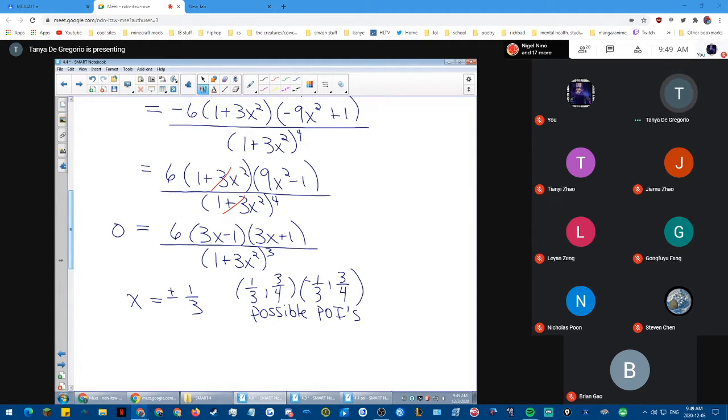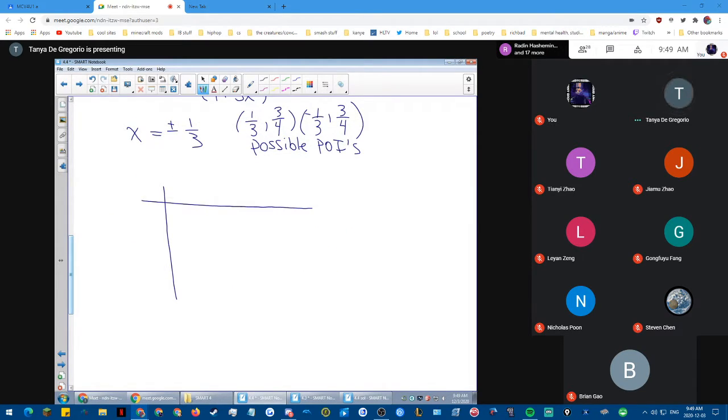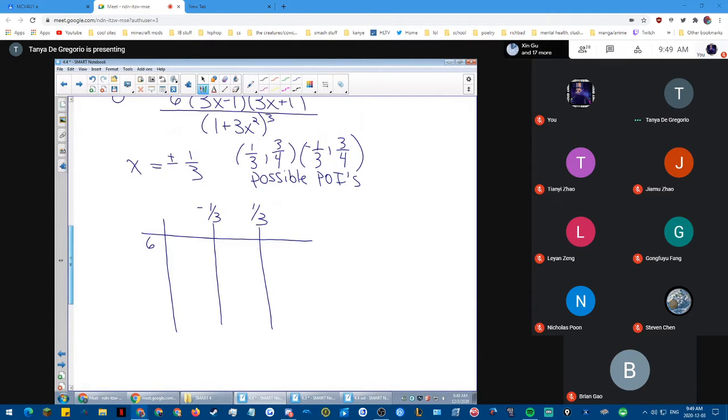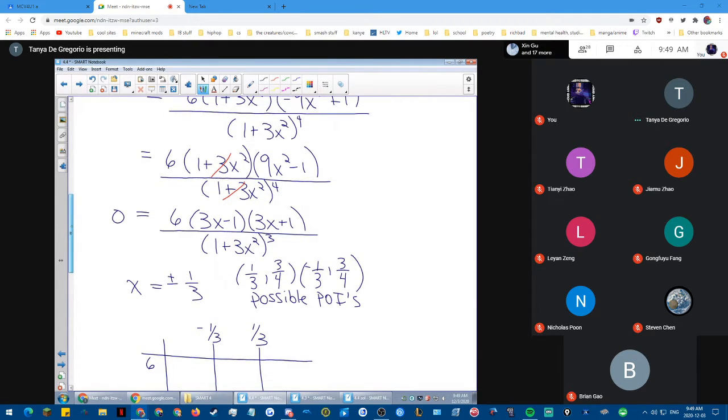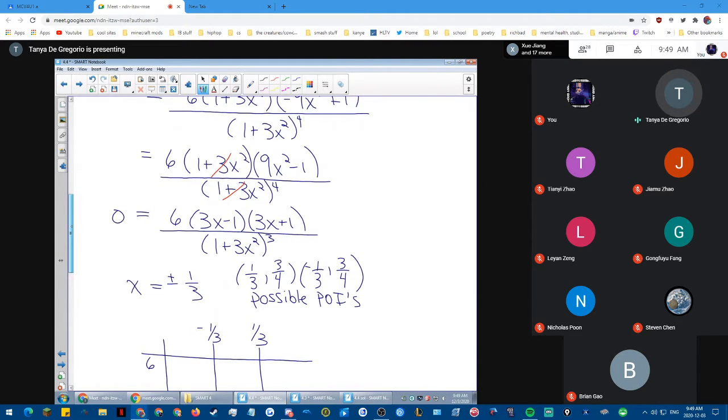We need to check, so we need to do an interval chart. Do I need to put the 6 in there? No. Why? It's positive, good, but if it was negative, you need it.